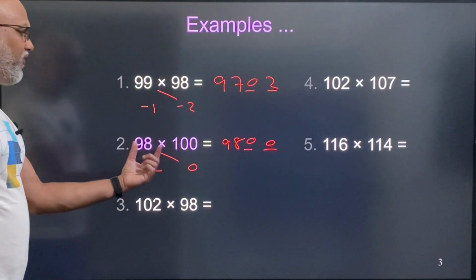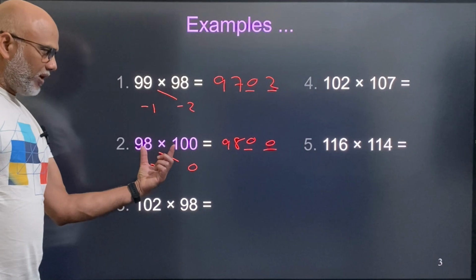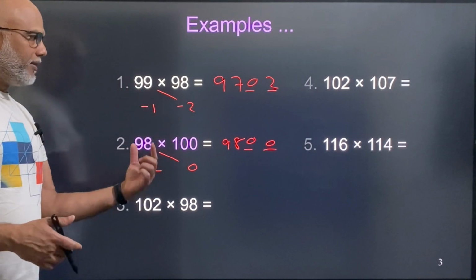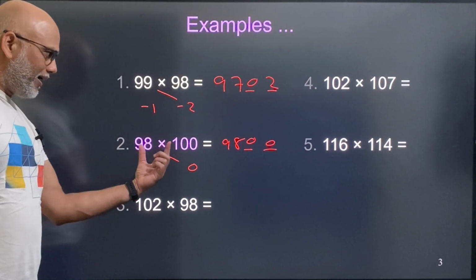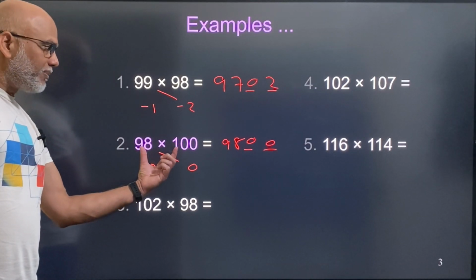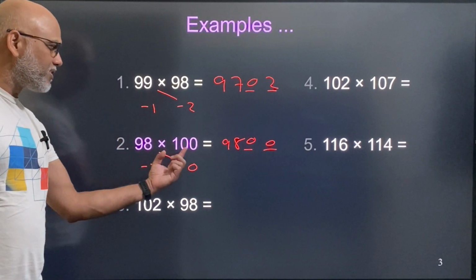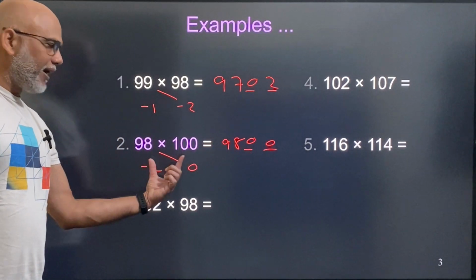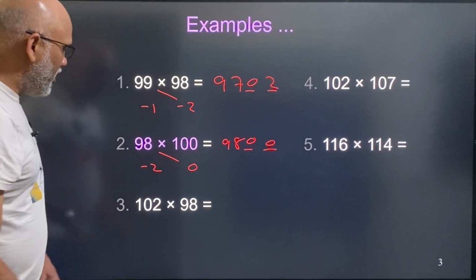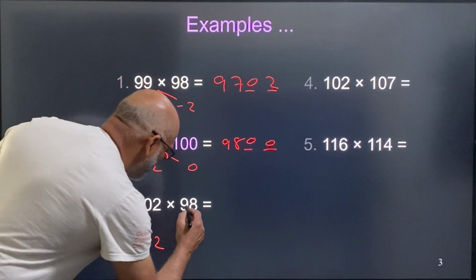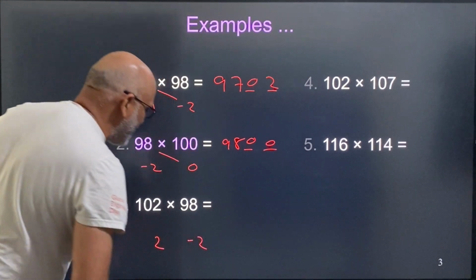Now, oftentimes there are a lot of math tricks that we learn, and sometimes we forget the trick. So I try to use the trick with something that I already know to make sure that it works. So in this case, 98 times 100 is 9800, and it should also work using the trick. Here 100 plus 2 and 100 minus 2 is 98.